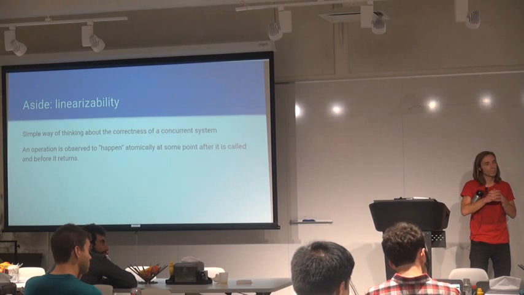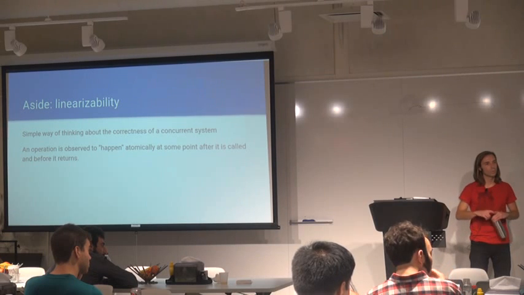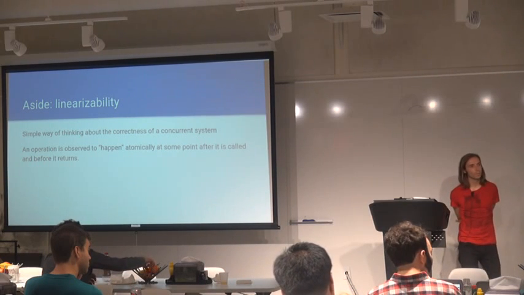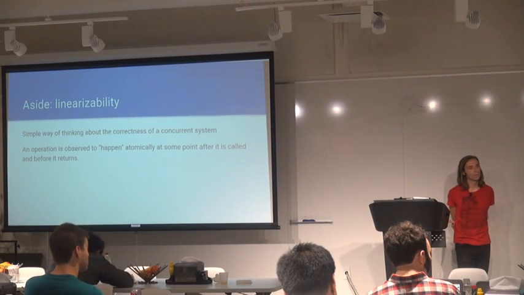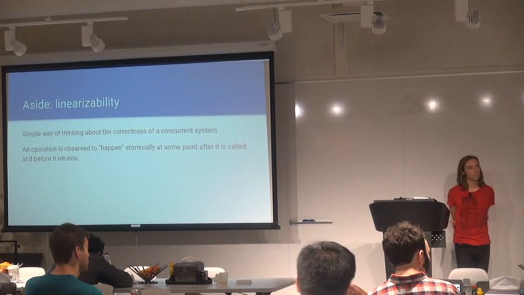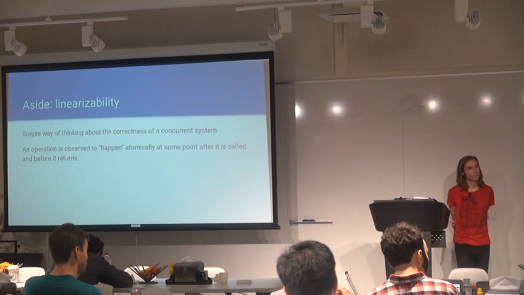But if operation A occurs, then B, you get some result, and you get a different result if B happens and then A, and whenever A and B are coming in you don't know which is going to go first but you could imagine it's one or the other, then your system is linearizable. If it's non-linearizable, you look and ask, can I get this via A, then B? No. Well, let me try B, then A. No. If it's neither one, then it's called non-linearizable.